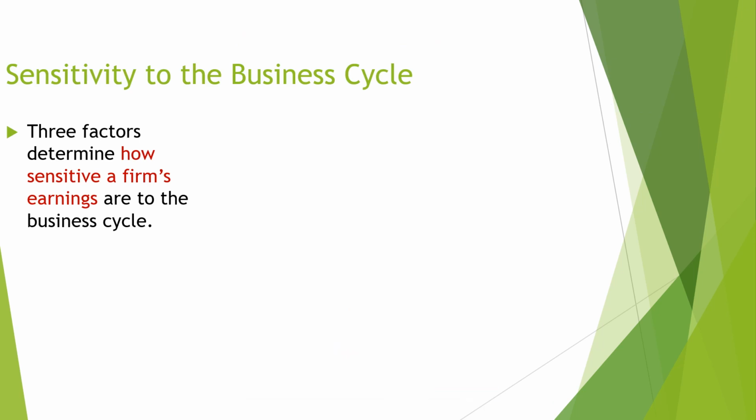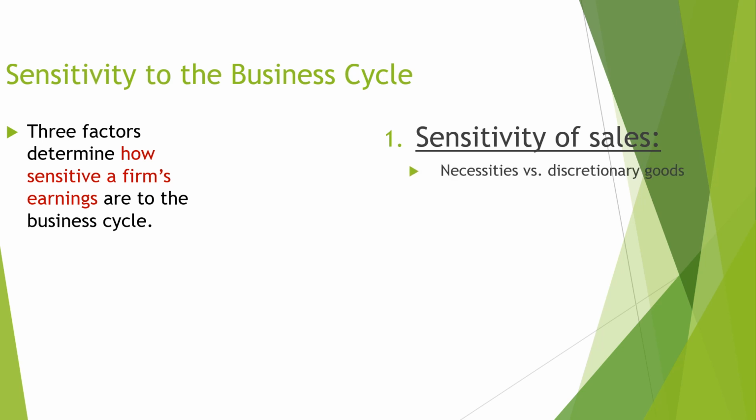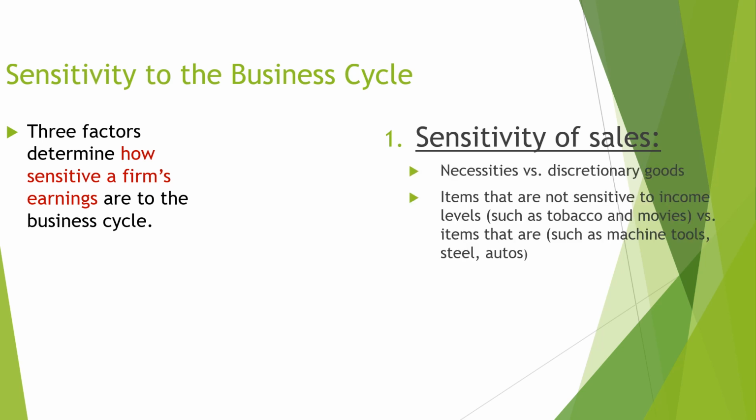Talking about sensitivity to the business cycle, we have three factors that determine how sensitive a firm's earnings are to the business cycle. First, sensitivity of the sales. How sensitive are the sales to the business cycle? Whether items are sensitive to income levels depends on the country's economy also.